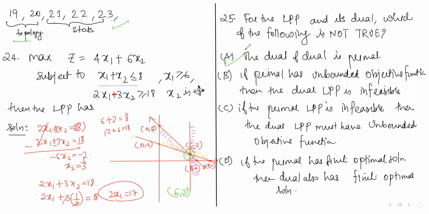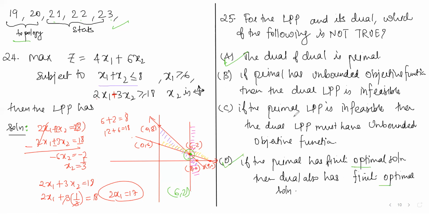B says that if primal has unbounded objective function, then the dual is infeasible. And C is if the primal LPP is infeasible, then the dual must have unbounded objective function. And D says that if the primal has finite optimal solution, then dual also has finite optimal solution. Yeah, that is true. If your primal has finite optimal solution, then dual must have optimal solution.